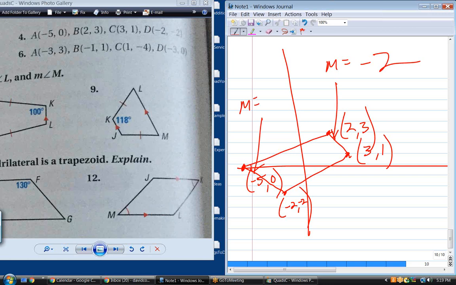-5, 0, and then -2. Yeah, and that point. So that one would be -2, -7. Or, well, that's hard. Well, it's not really that hard. In other words, plug it in.